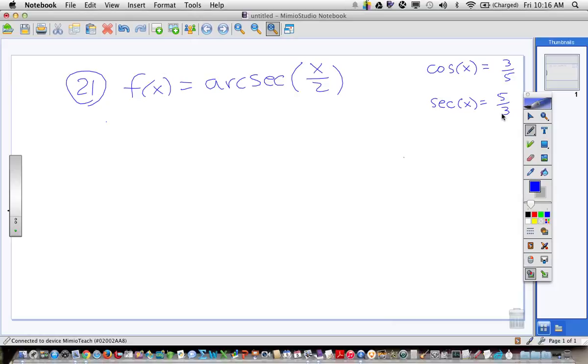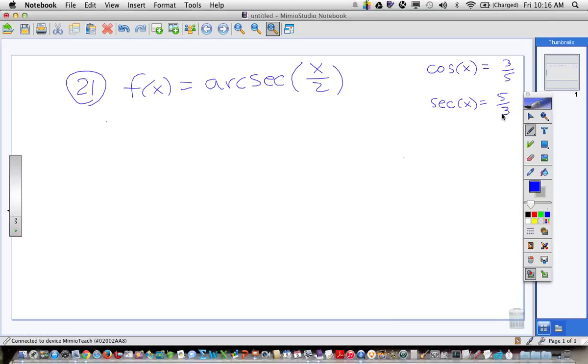we're talking about the inverse function. And what did we say is the number one rule with inverse functions? Where do they come from? You interchange the x and the y, which is the input and the output. With inverse functions, you interchange the input and the output. So therefore, if secant and cosine have reciprocal outputs, arc secant and arc cosine have reciprocal inputs.